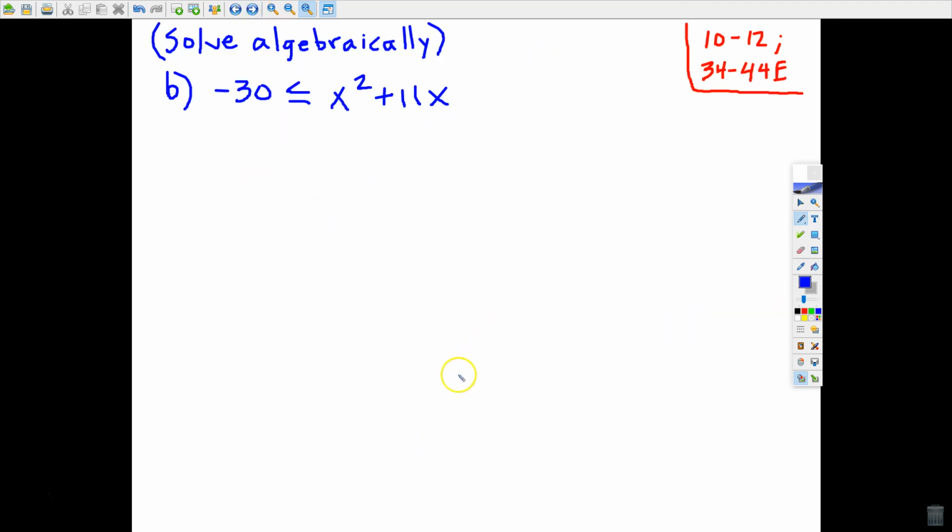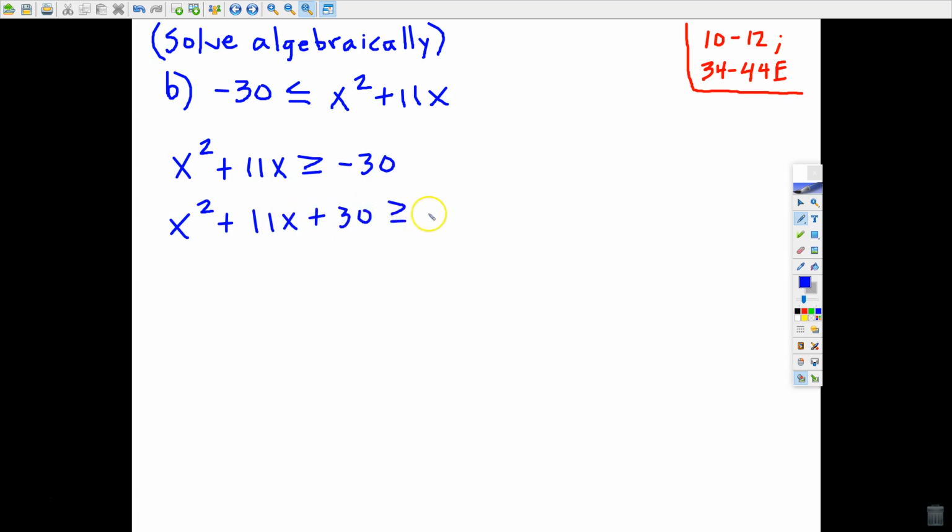Let's try letter B. Solve algebraically. I'm going to turn this around. I'm going to make it equal to 0. Now I'm going to treat it as an equation to come up with the solutions.